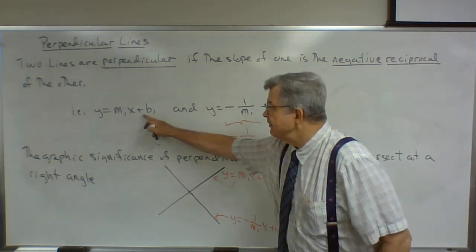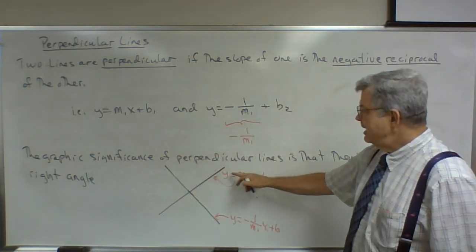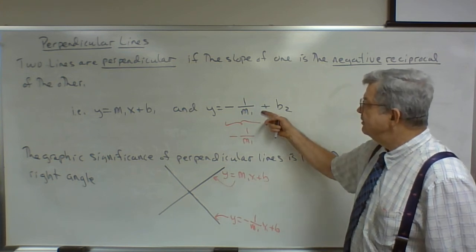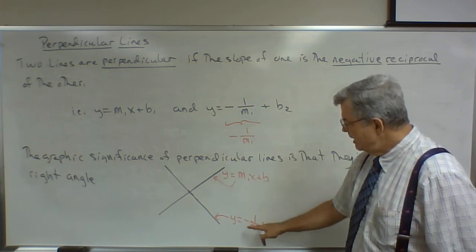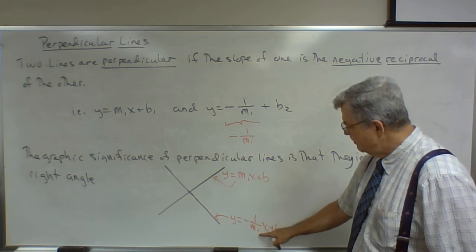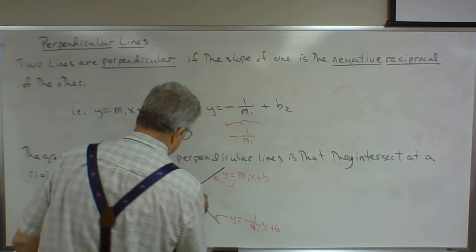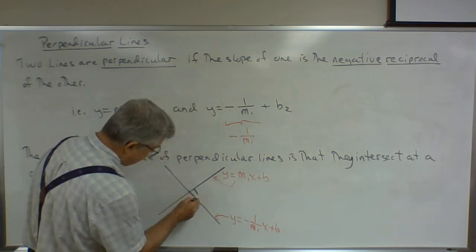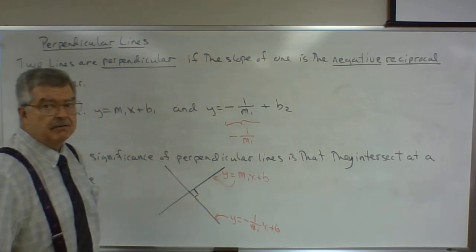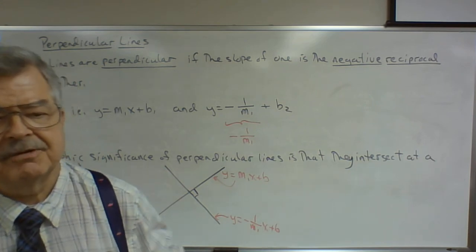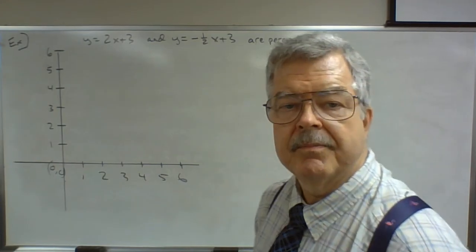So here's the first line, y equals m sub 1 x plus b. Here's the second line, y equals negative 1 over m sub 1 x plus b. They intersect at a right angle. Now let's look at some examples.